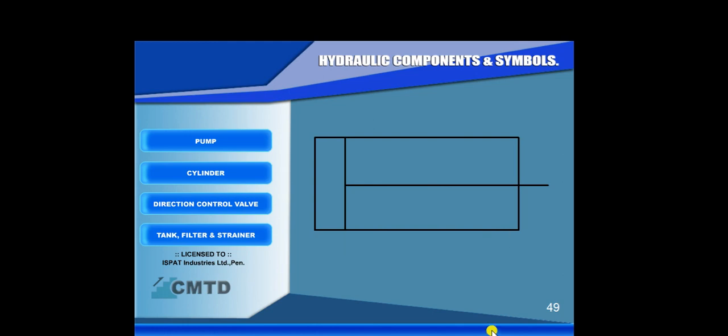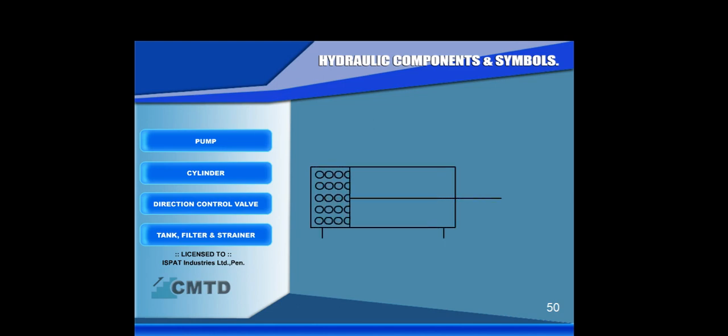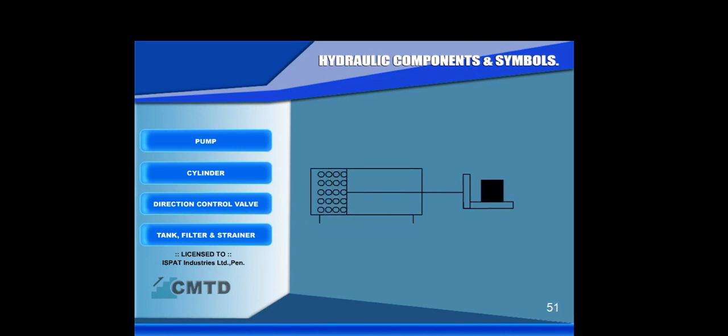These are the ports through which oil can enter into the cylinder. When oil is allowed into the cylinder, it pushes the piston. This piston movement is utilized in the machine to do some mechanical job.